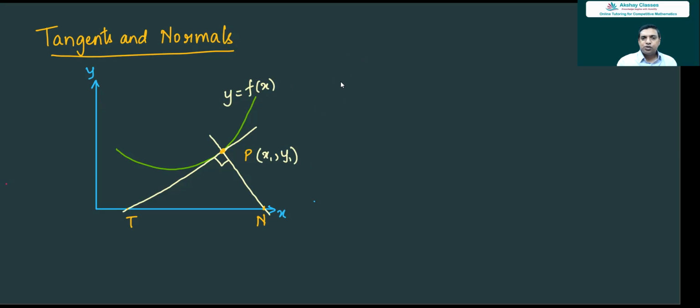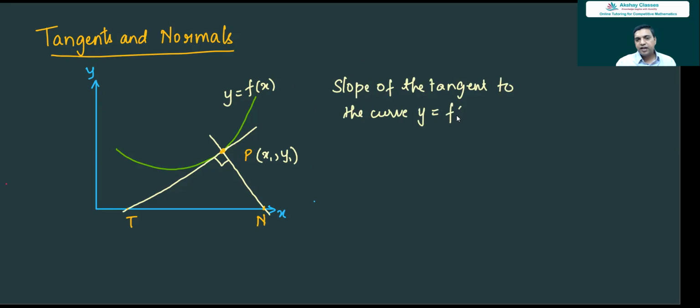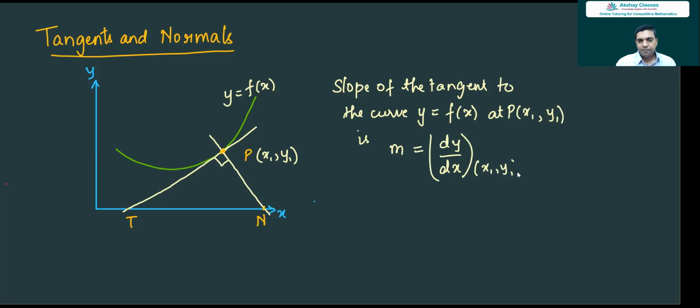So the slope of the tangent to the curve y equal to f of x at P (x1, y1) is m, which is dy by dx at that point x1, y1.